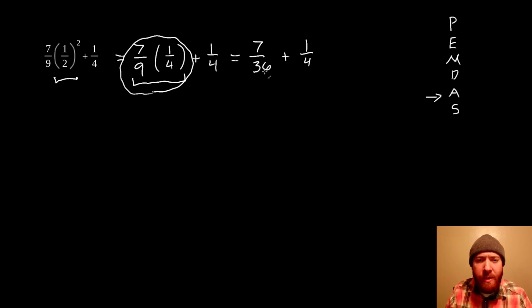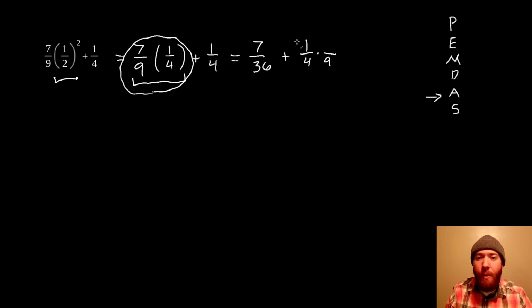See that 36 is a multiple of 4. In other words, we could multiply 4 by a number to get 36. Actually, that number is 9, right? It's right over here. So we can write these two fractions with a common denominator if we multiply the second denominator by 9.